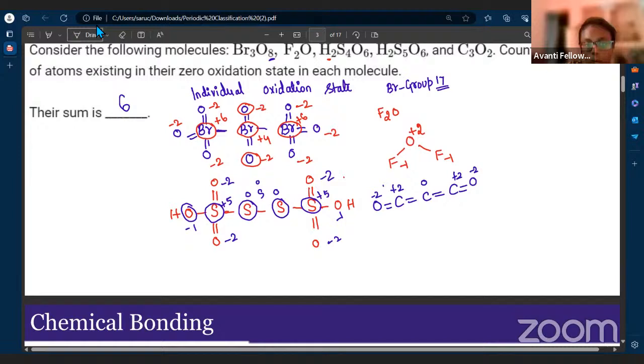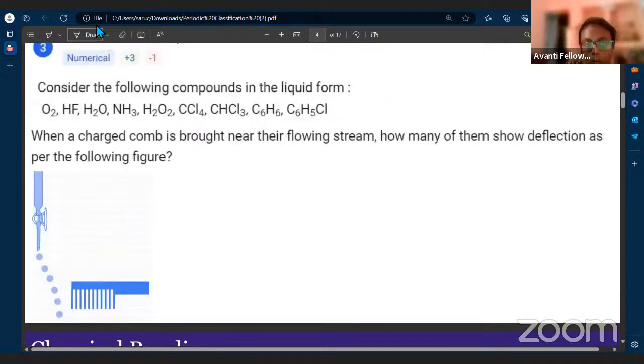Consider the following compounds: O2, HF, NH3, H2O2, CCl4, CHCl3, C6H6. When a charged comb is brought near the flowing stream, how many of them show deflection as per the following figure? Here is the figure: in the burette, you have the compounds.